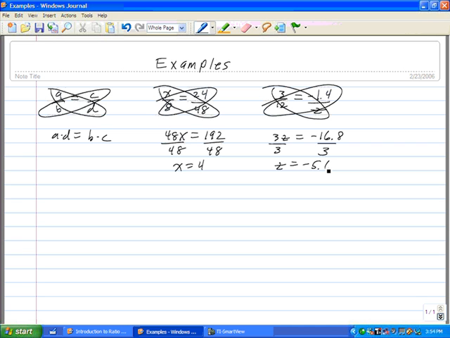What this can actually be used for is solving lots of different types of problems. For example, a lot of different geometric shapes are proportional. Triangles, for example, can be proportional. If I had two triangles and I knew them to be proportional, now proportional doesn't mean the same size.